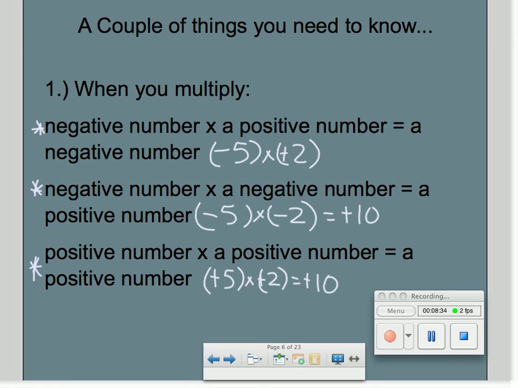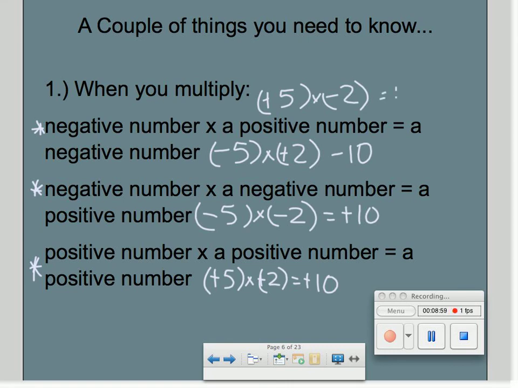Negative 10. What about positive 5 times negative 2? Positive times a negative, 5 times 2. What is it? Negative 10.